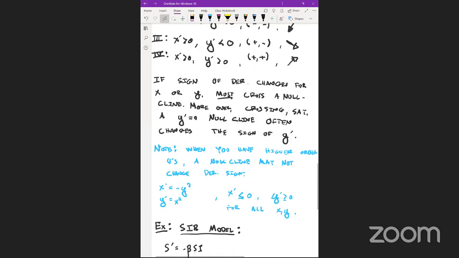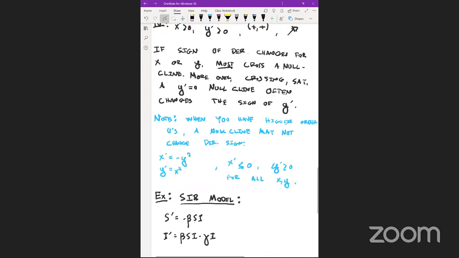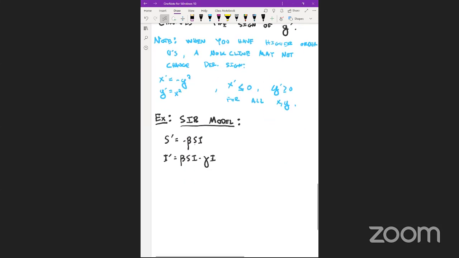And this analysis is a lot easier to do when you only have two equations. You can certainly do it with more, but it becomes a little more complicated.